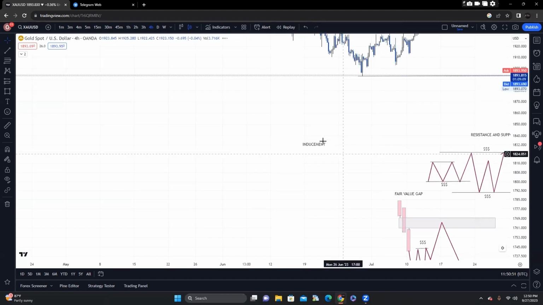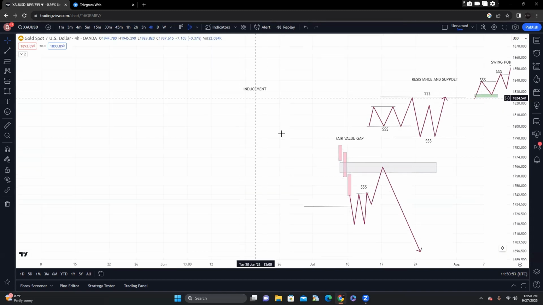Now, what is inducement, or what do we call inducement in Forex? First and foremost, inducements in Forex are areas where there are levels that rest below liquidity in such a way that you may be fooled to take trades off them with the belief that they are in the right zone.